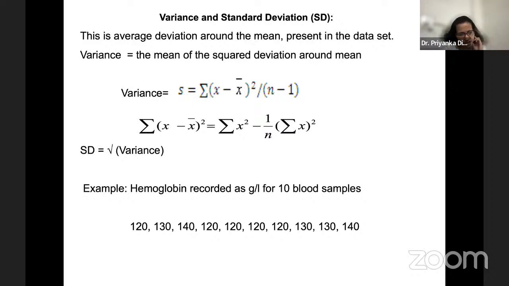So this is about the measures of dispersion and central tendency. If you have any question up to this point, you can ask. Otherwise, I will give you a 5-minute break and then start the next topic. If you have any question, you can ask in the chat box.